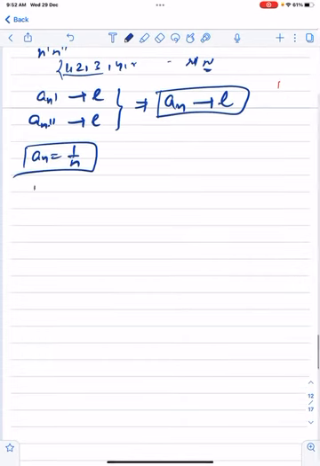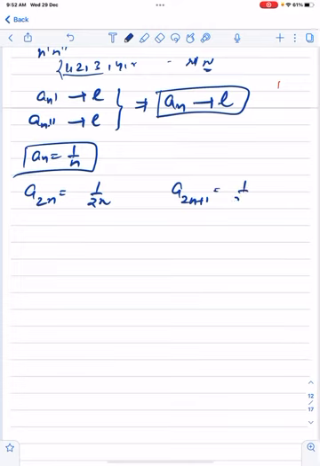So for example, suppose this is your sequence an. You take a subsequence a2n, that means the even terms, and the odd terms a2n plus 1. Now when you draw it on a real line, you will see that your a2n is tending to 0, and a2n plus 1 is also tending to 0.